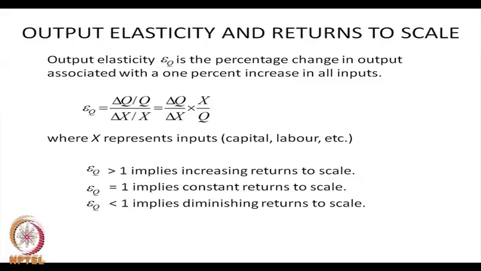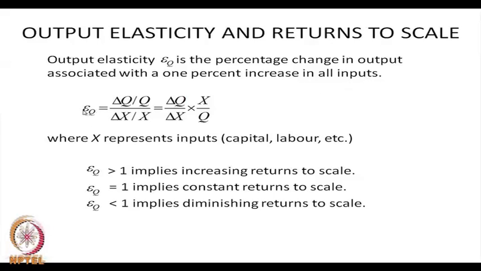Now, we come to output elasticity and relate it to returns to scale. Output elasticity, epsilon q, is the percentage change in output associated with a 1% increase in all inputs.